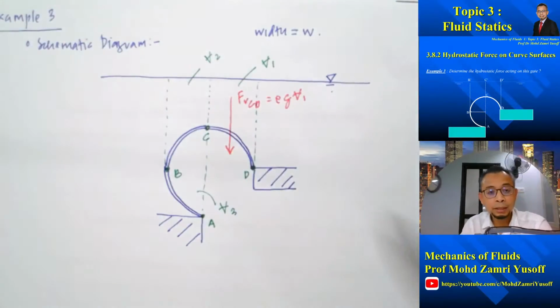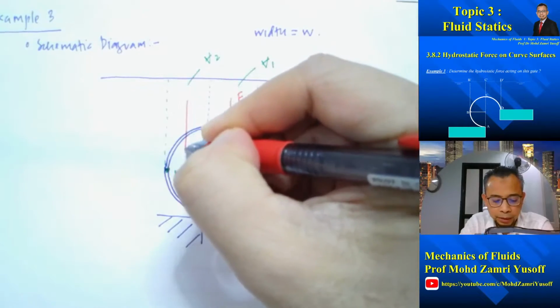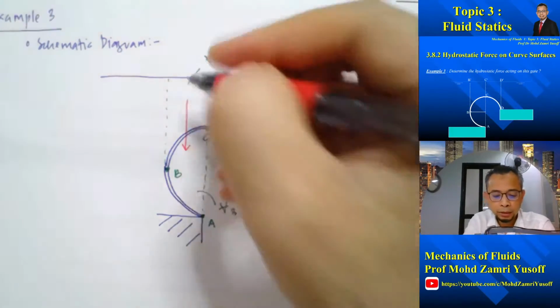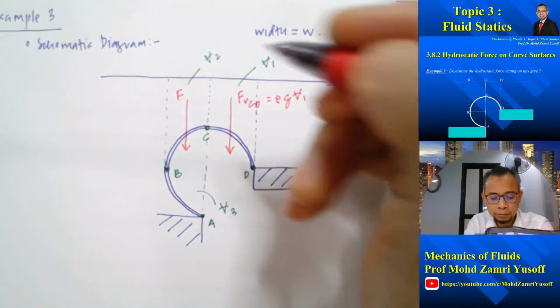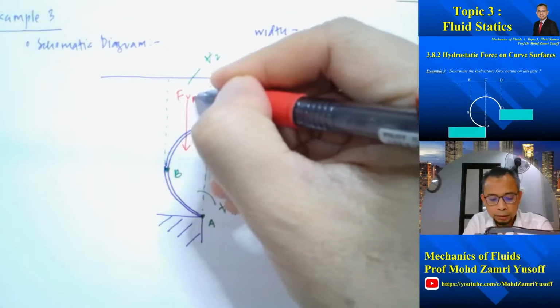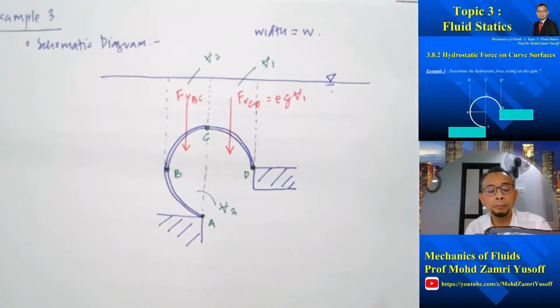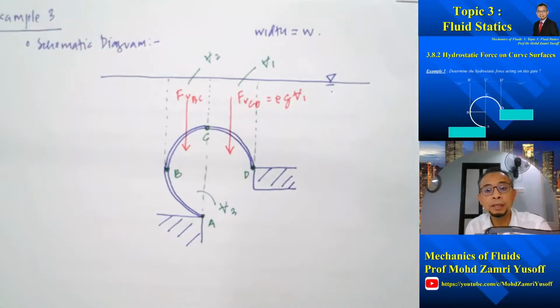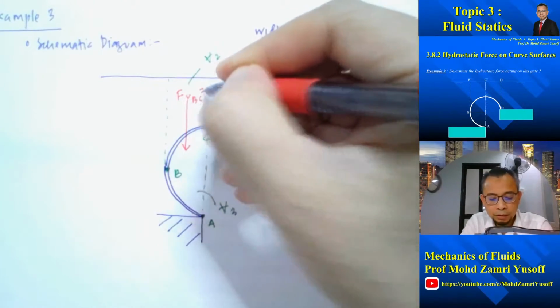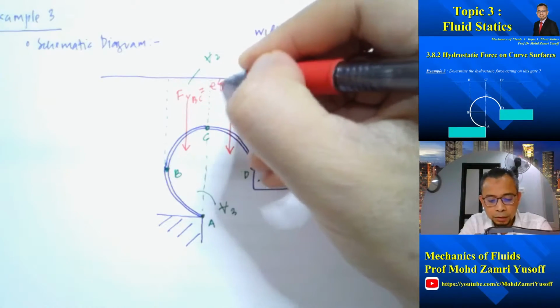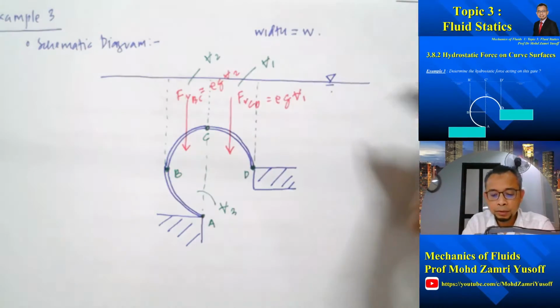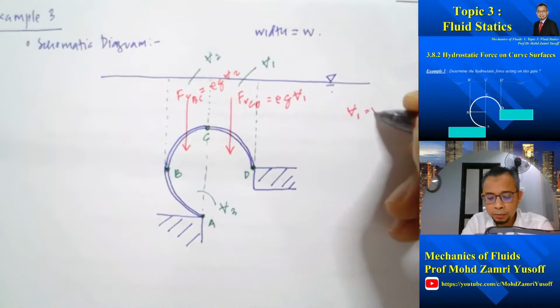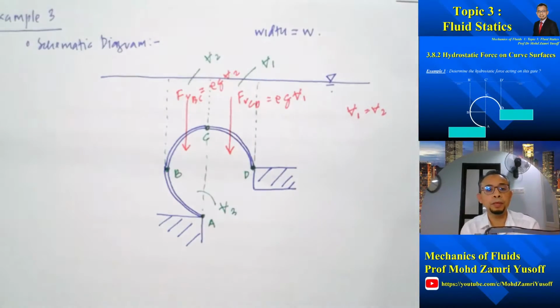Again, since the water is above the surface, the force will be acting downward. So this is F V BC, right? And since this volume and these volumes are the same, the forces are the same. So that's equal to rho g V2. And we know that V1 is equal to V2, right?